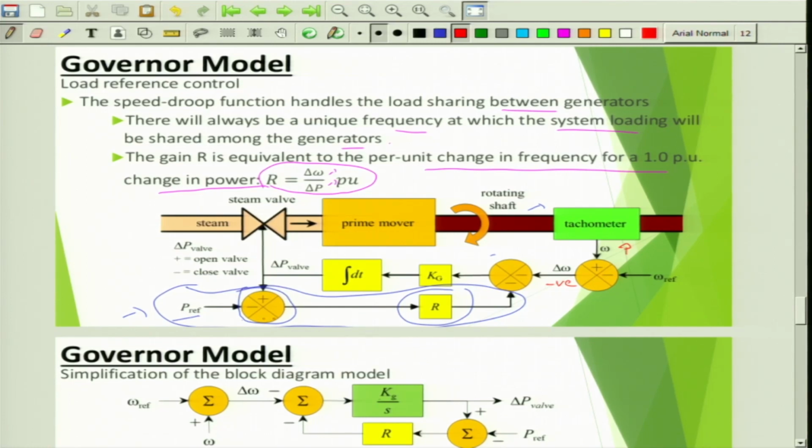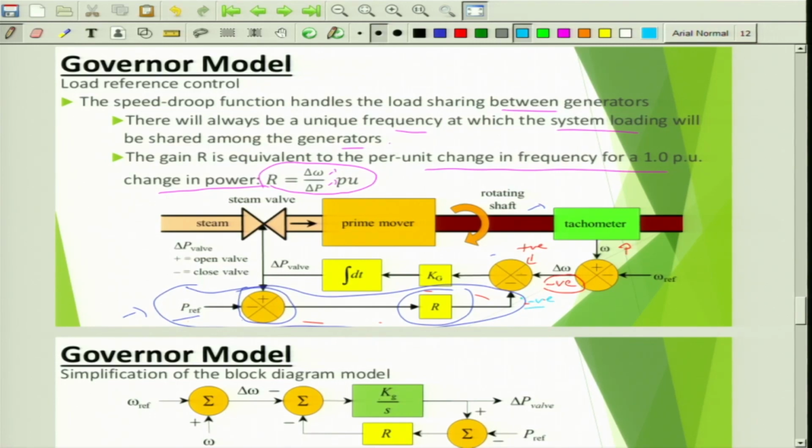Now because of the presence of the droop, this needs to be divided. That means you cannot have 100% sharing on one single generator. That means whatever is the sign that you are getting here, this is negative, right. So negative into negative, this will be positive at this side, but here what you are getting is a negative.